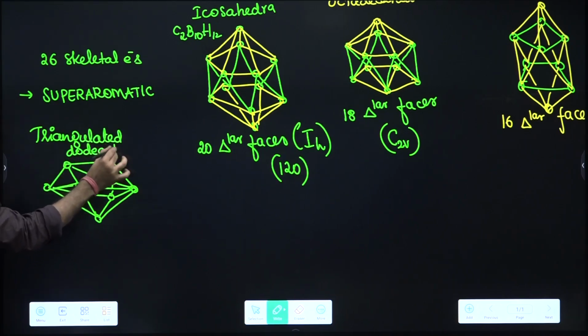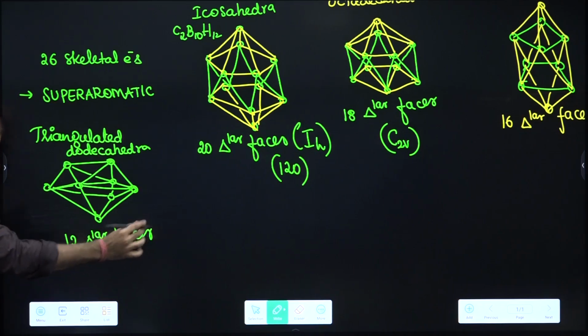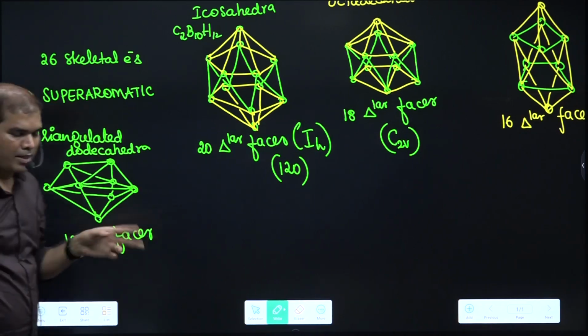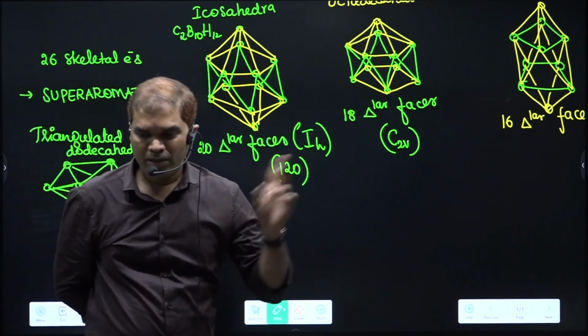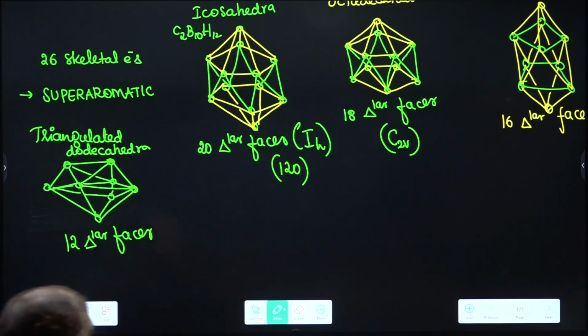Please make a correction. Not octadecahedra. It will have 12 triangular faces, not 18. This octadecahedra overlapped with this structure. So just make a correction of it.